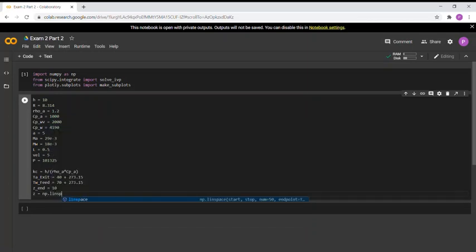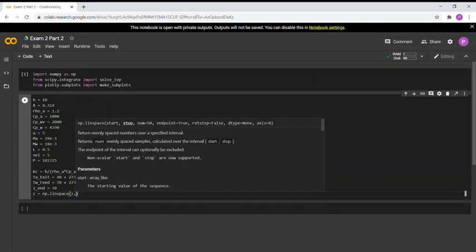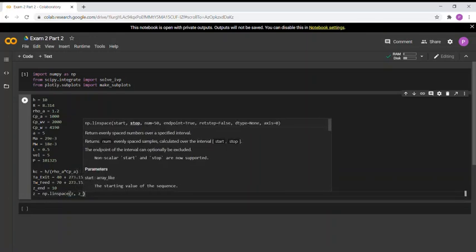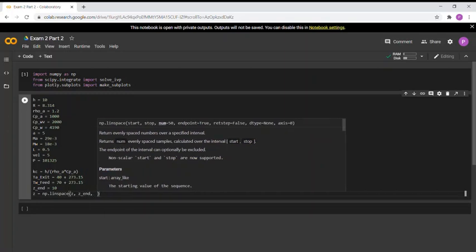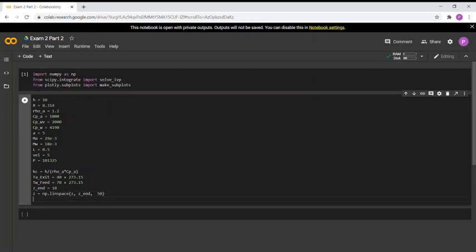So just put in space 0 and then ZN, then 50. We have our gas, the temperature of air in the beginning, sorry, on the bottom, from the bottom, the initial gas equals the TA axis.